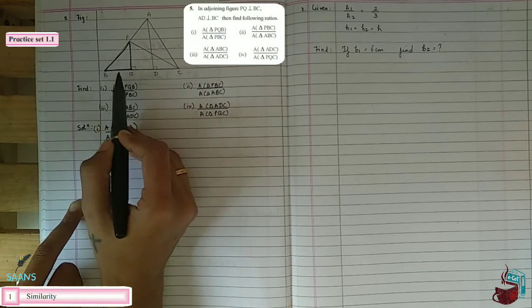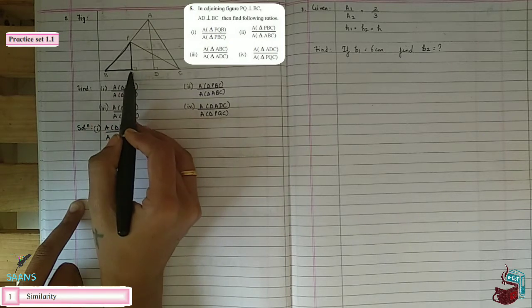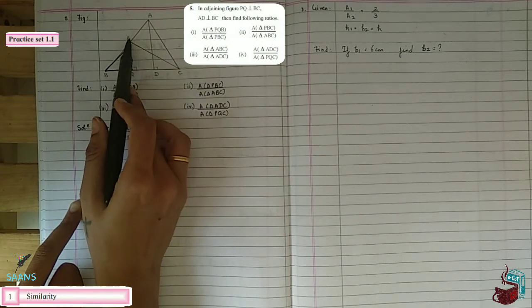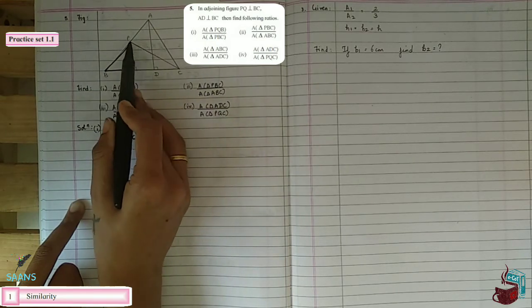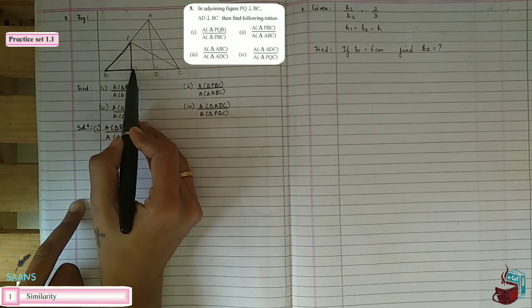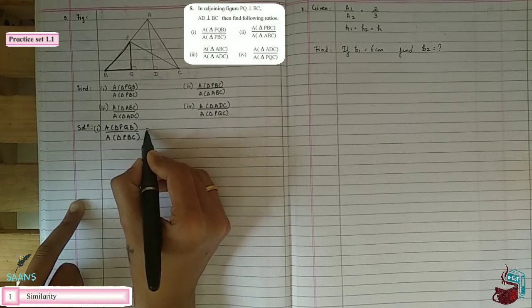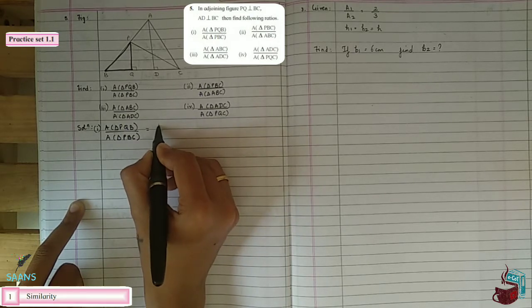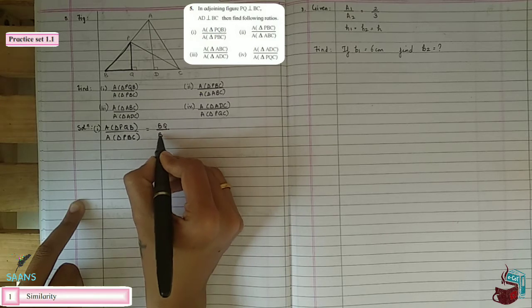Now you can see this rests on this. So BQ is the base, PQ is the height. Then when we talk about PBC, BC is the base, again PQ will be the height. So how do we write it? Both the triangles have the same height, so your answer will be PQ upon BC.